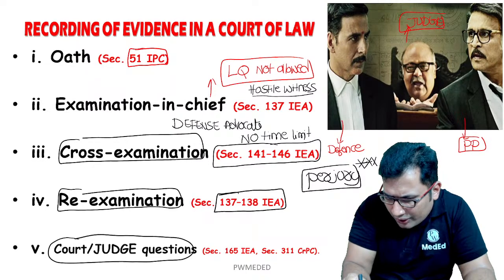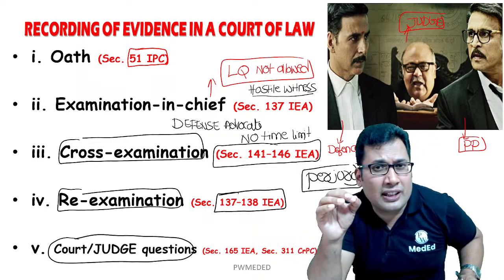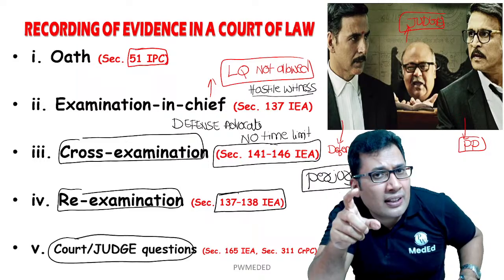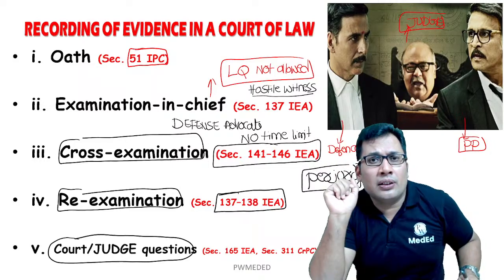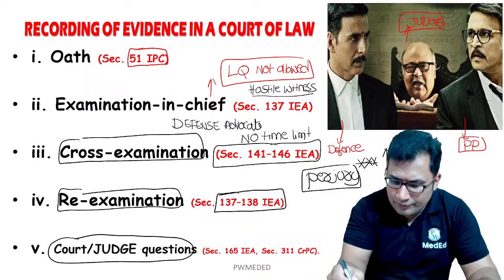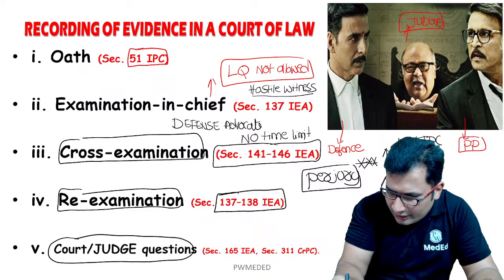Perjury means giving false evidence in a court of law under oath. It is defined under section 191 and punishable under section 193. Both 191 IPC and 193 IPC can be asked in your exam.